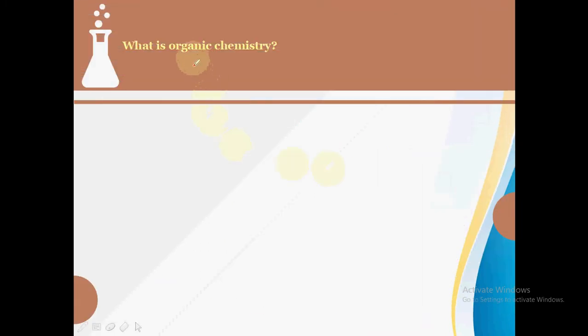To start with, we need to understand what organic chemistry is. So we need to define it. Organic chemistry is the study of carbon and its compounds.